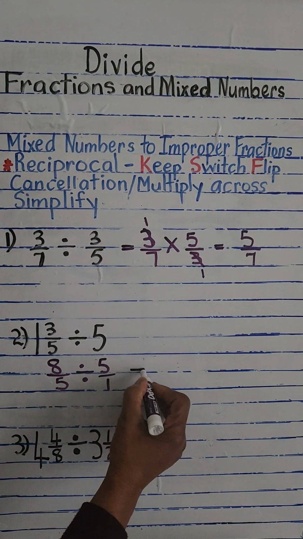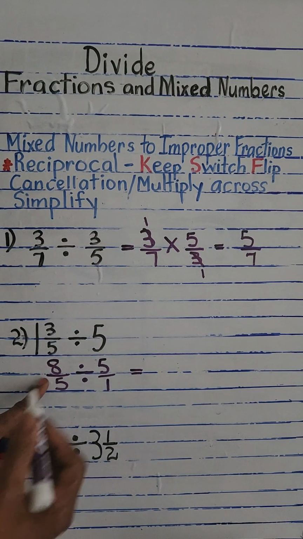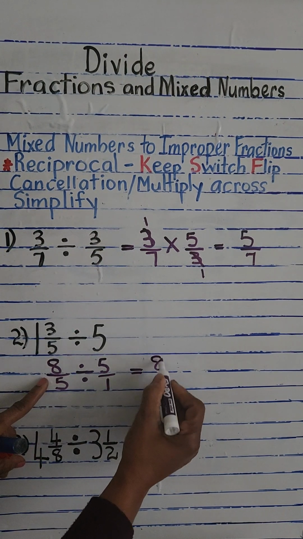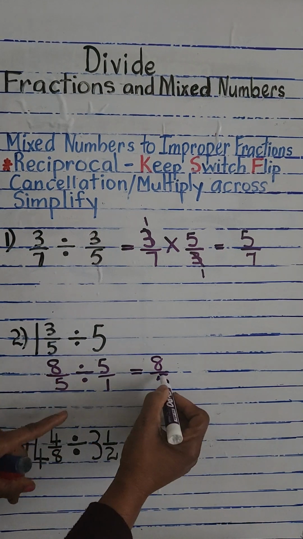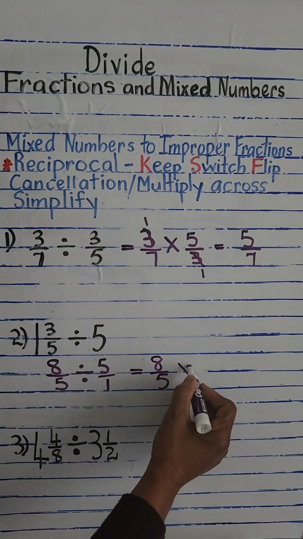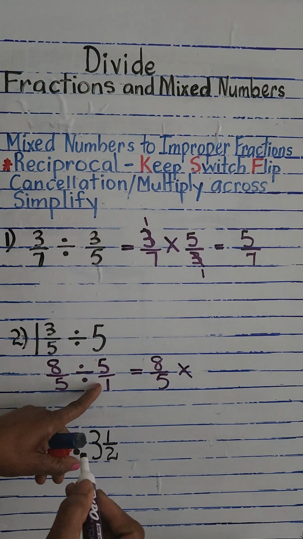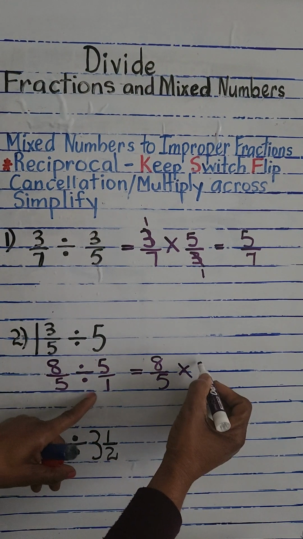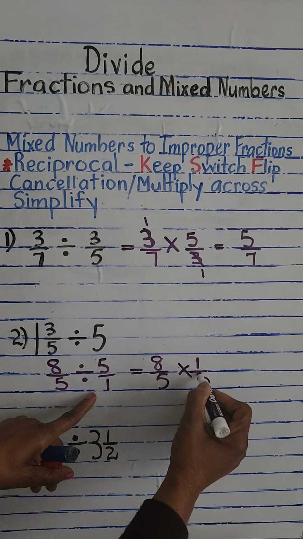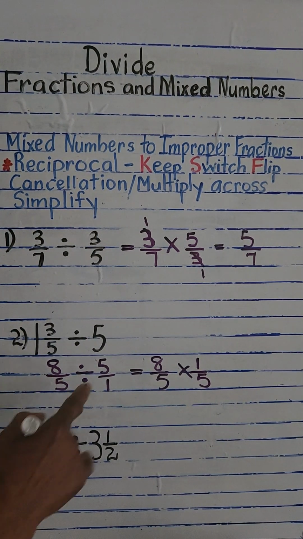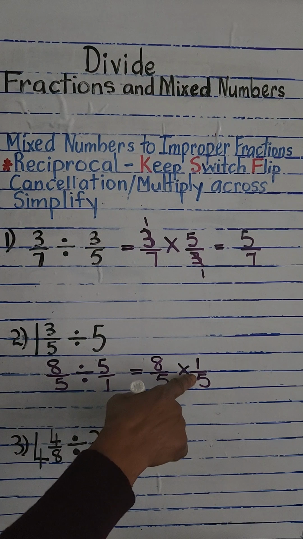And that is equal to keep 8 over 5, switch to multiplication, flip to the reciprocal, 1 over 5. The reciprocal of 5 over 1 is 1 over 5.